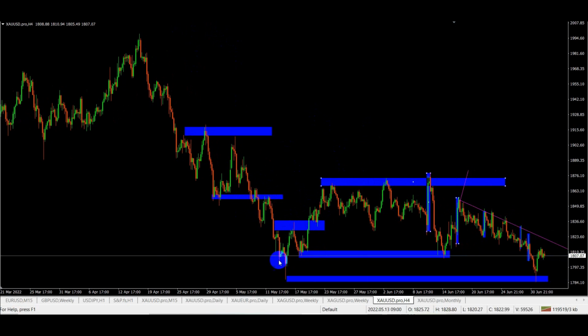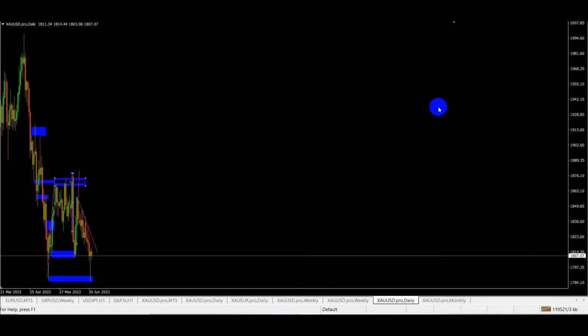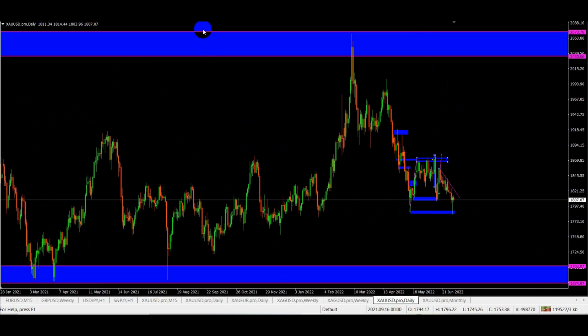It tried, but it just dropped and took this resistance of some sort. Yes, it is here. It couldn't break this high, or let's say from here it pushed up. So it has taken this support as resistance, and from there it dropped again.